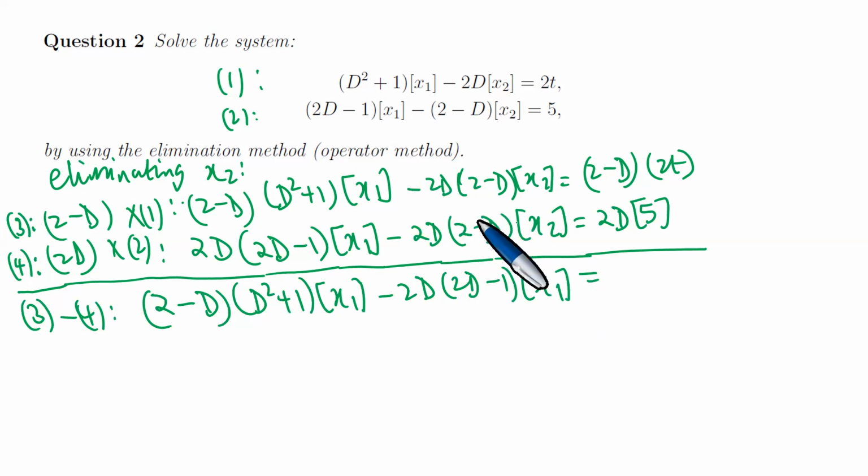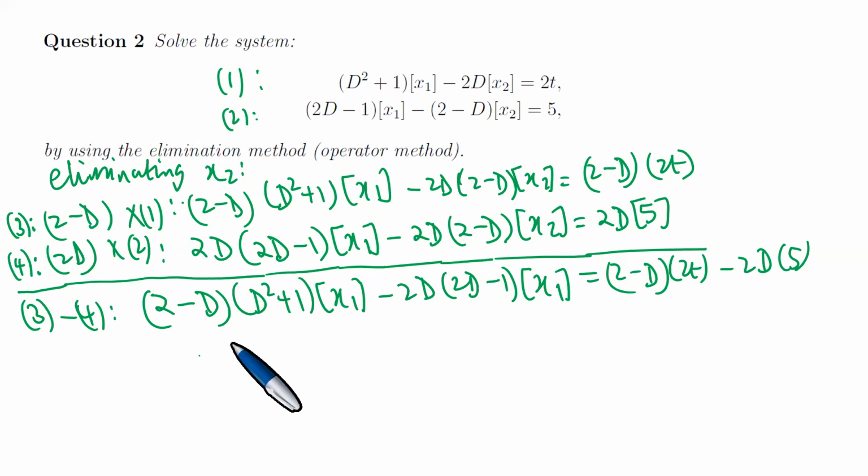Okay, this minus that becomes 0, and then we have the top one, and then we have twice t minus twice d on 5. Okay, this is already 0. So let's just do some basic arithmetic here. 2 times d squared. You can write twice d squared. 2 times 1, it's actually 2 minus d, and that is minus d cubed. Minus d and 1 is actually minus d.